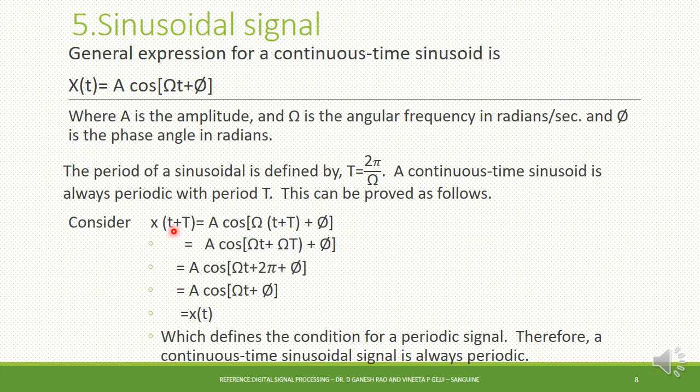Consider x of t plus T, where t is replaced with t plus T, equal to A cos of omega times t plus T plus phi.